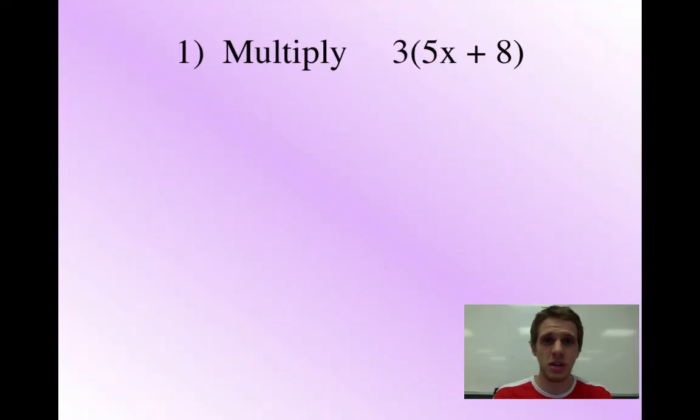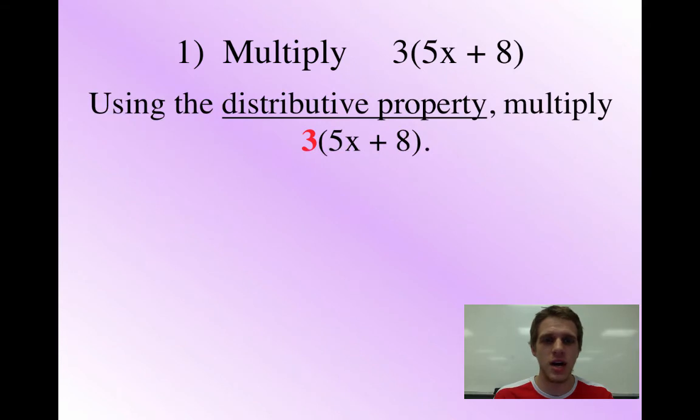So when we're distributing, we want to multiply. Distributive property, distribution, those are synonymous with the word multiplication. So we want to take this 3 and distribute it or multiply it by everything on the inside of the parentheses.